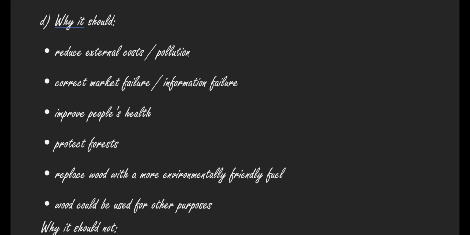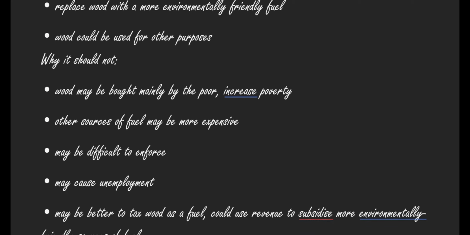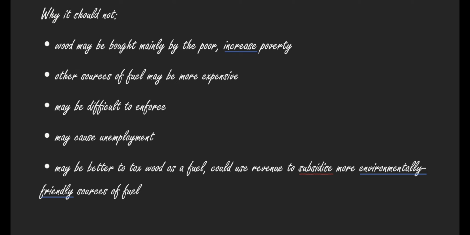Then replace wood with a more environmentally friendly fuel, like renewable sources like wind and solar. Now, wood could be used for other purposes like shelter. And now let's look at reasons why it should not. Okay, wood may be bought mainly by the poor.